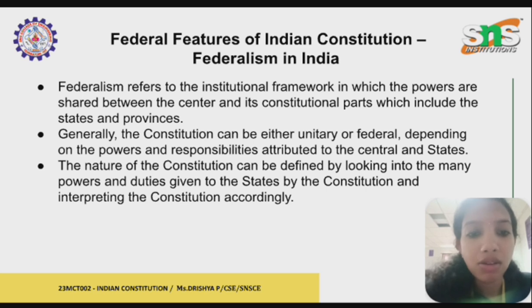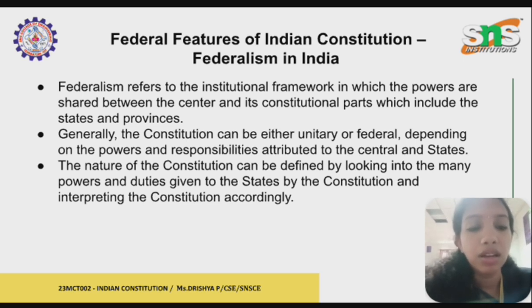Generally, the constitution can be either unitary or federal, depending on the powers and responsibilities attributed to the central and state governments. The nature of the constitution can be defined by looking into the many powers and duties given to the states by the constitution and interpreting the constitution accordingly. That is known as federalism.